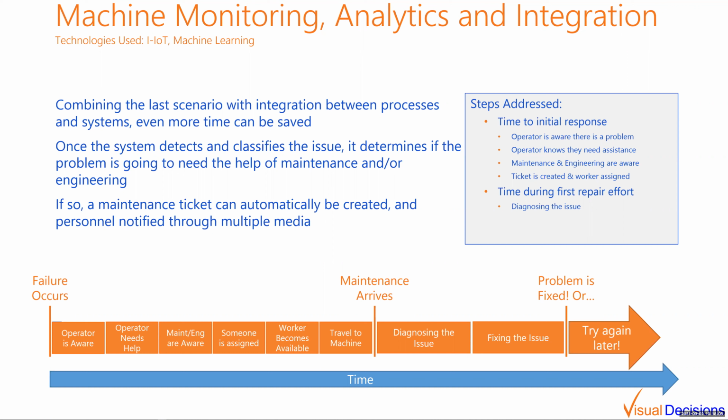If we think about what needs to happen here, not only does the operator need to know what's going on, but now we need to make maintenance and any other support staff aware of what the problem is. We've done some level of diagnosis so we can pass information along. We can make some initial determination of whether we just need to notify maintenance, or whether we need engineering support for this type of issue. We can automatically create the work tickets within the maintenance system and so forth.